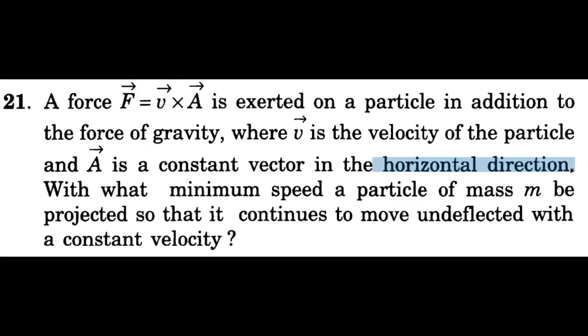So you see, it is not a vertical direction, it is only in the horizontal plane. It can be in any direction in the horizontal plane, it is not vertical. With what minimum speed must a particle of mass m be projected so that it continues to move undeflected with a constant velocity? You see, it is written here constant velocity.